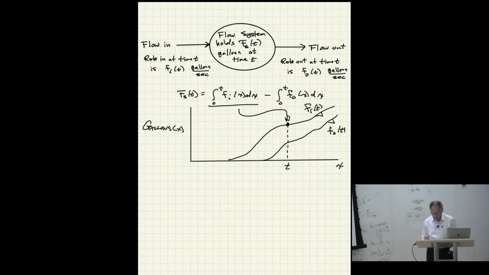And the difference between those two, this difference right here, is what? Well, I've told you what that difference is. The difference is just f sub s of t. So this difference is how much is in the system at time t.